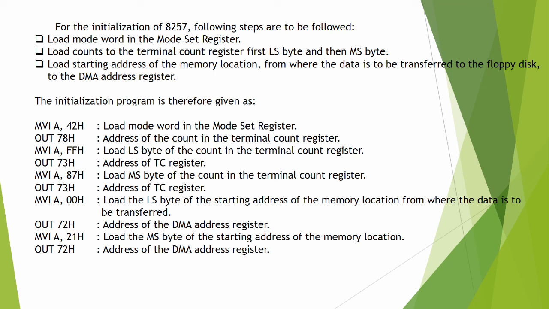So first we are loading the least significant byte, so 2100 is the starting address that we have loaded into the DMA address register, and this is how we can do the initialization of 8257.